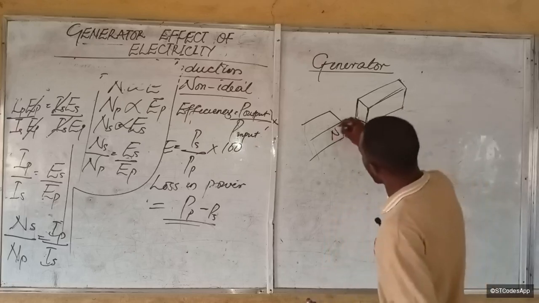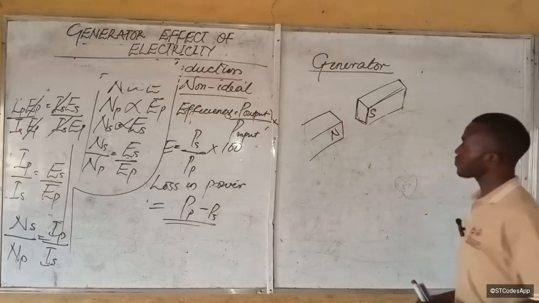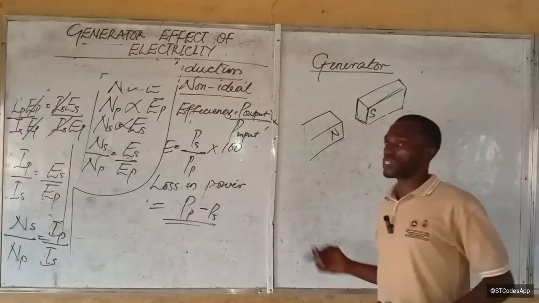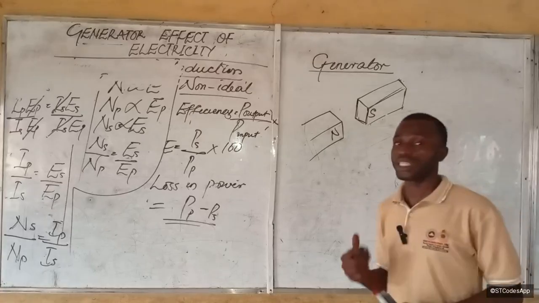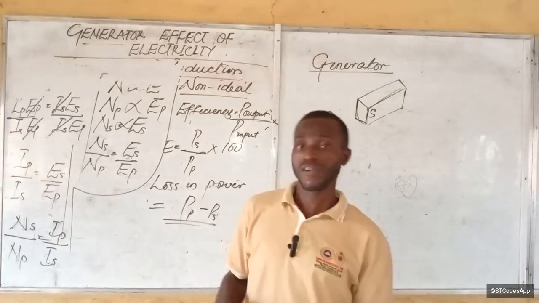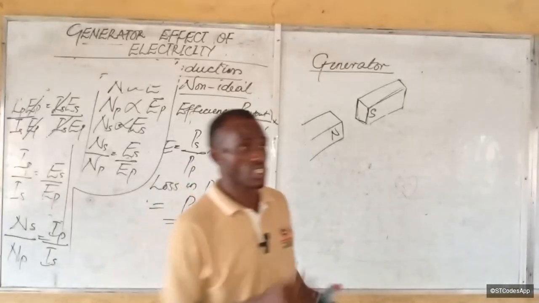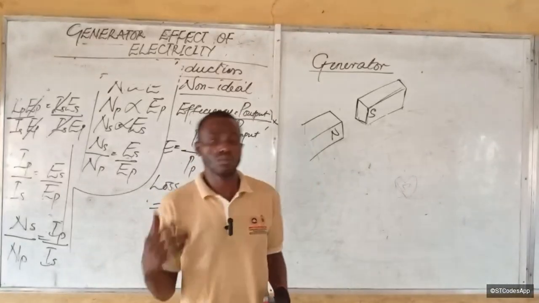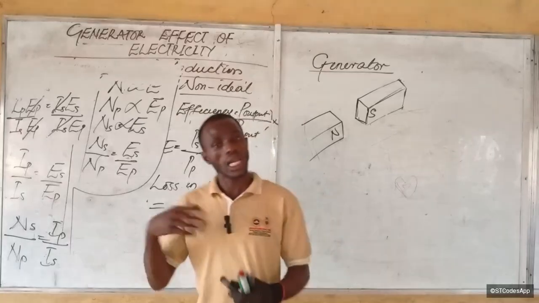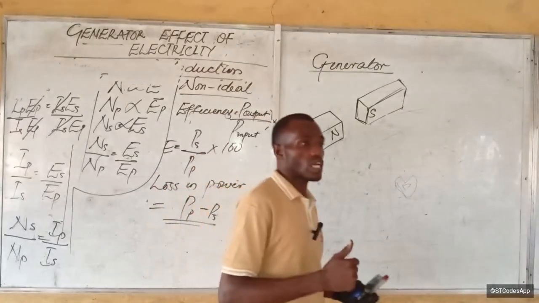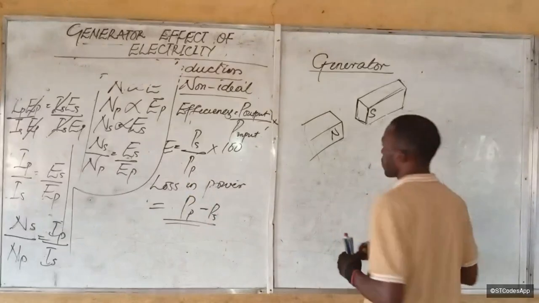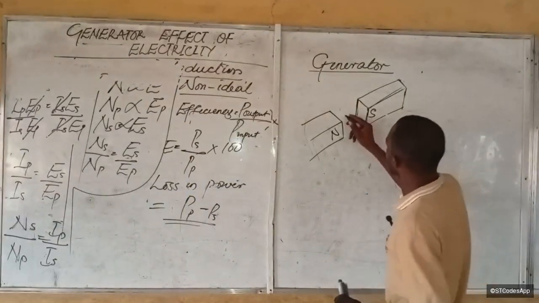So this might be our north, let this be our south. What we want to do with these two magnets is generate electricity. We have found out that it is a changing magnetic field or changing magnetic flux that creates electricity. So let's show that in context.